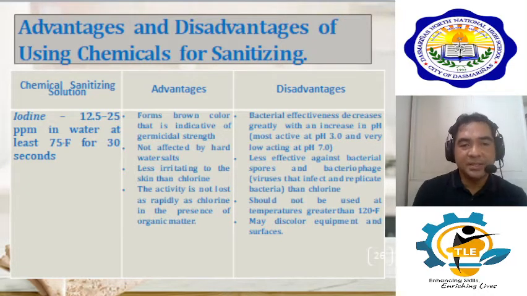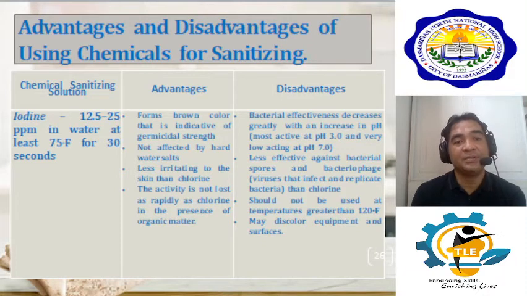Okay, disadvantages. So, bacterial effectiveness decreases greatly with an increase in pH level. Less effective against bacterial spores and bacteriophage, which are viruses that infect and replicate in bacteria, than chlorine.